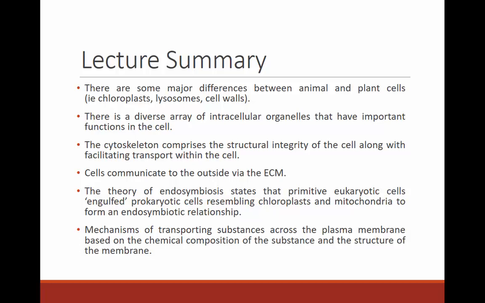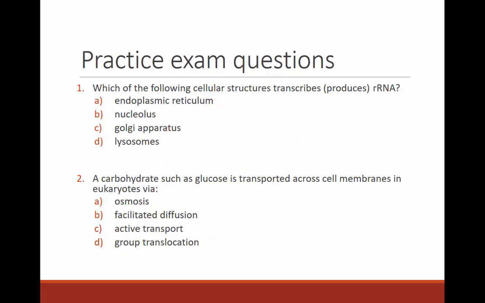And the theory of endosymbiosis and why that's good for the cell, but why it might be detrimental in treating, say, a bacterial infection, what sort of implications it could have. So everyone's happy with that? Yeah? Okay, good-o.